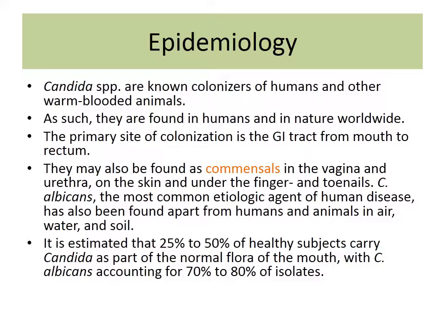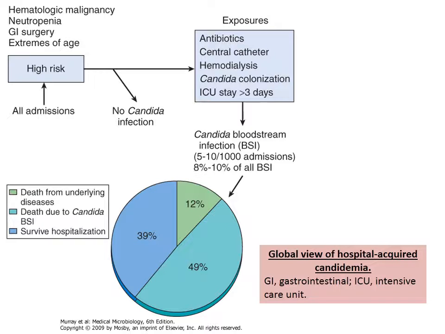Now, if you look at the statistics here, we talked about high risk and exposures. Why would antibiotics lead to this opportunistic infection? Because they change the normal flora. That's what is happening.